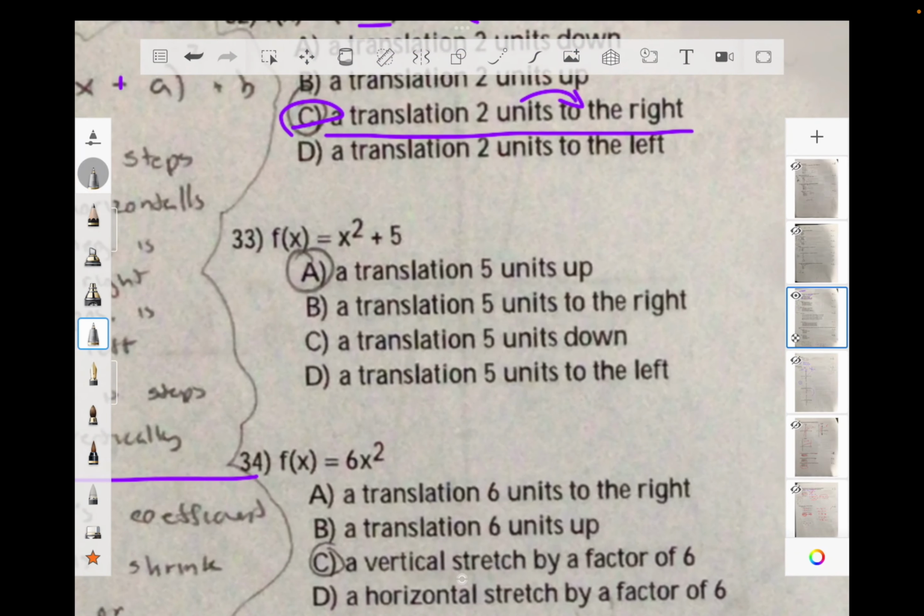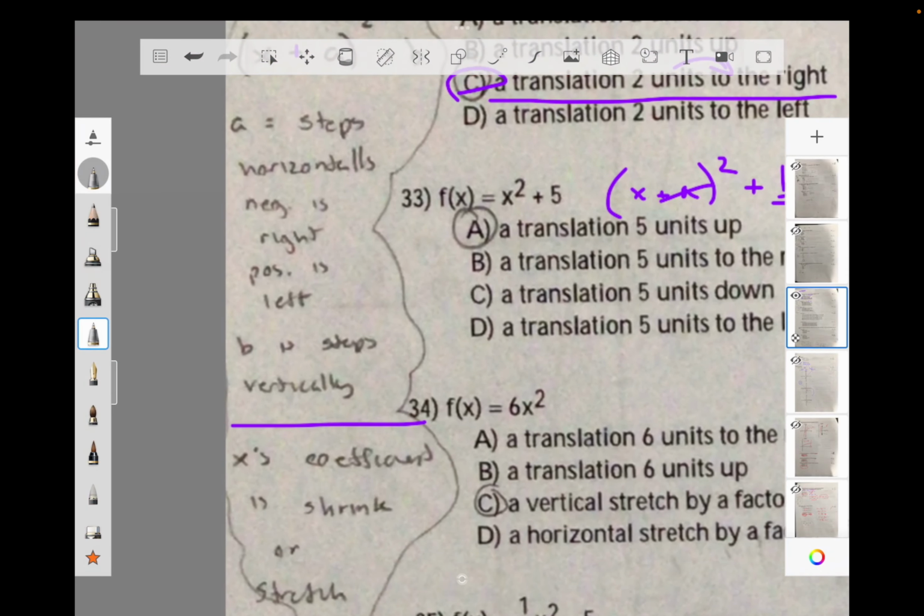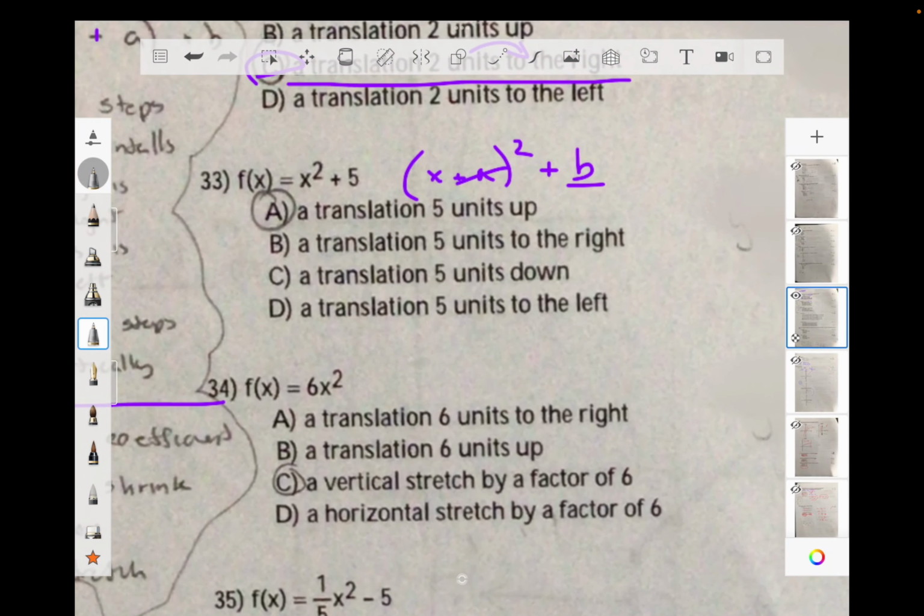If you apply the same one again, x plus a squared plus b, a is 0, so it's x squared plus b, and b is positive. So if b is positive, it moves up. A translation 5 units up.